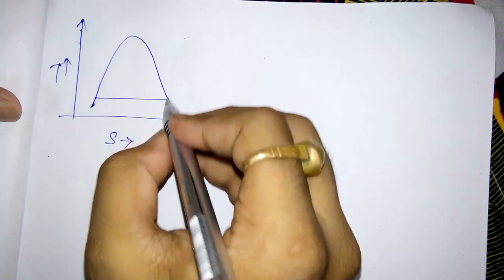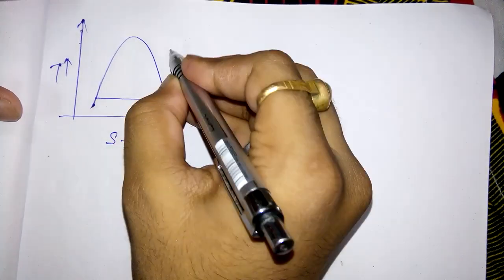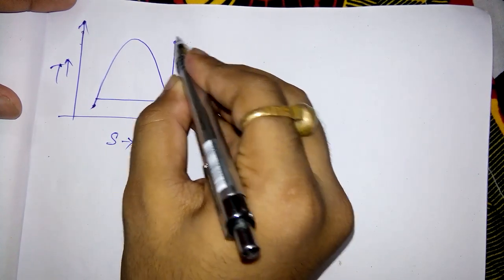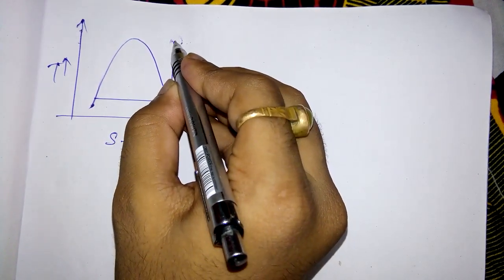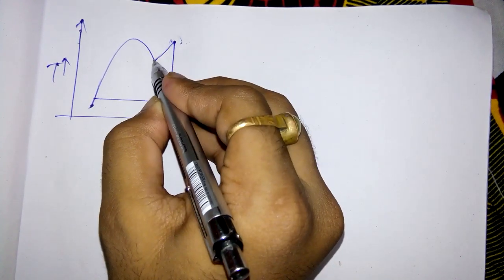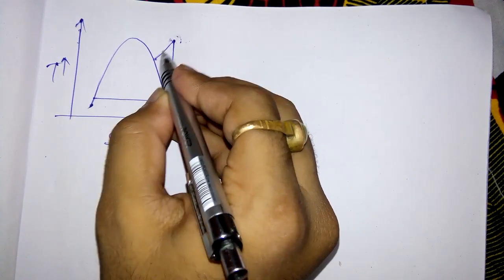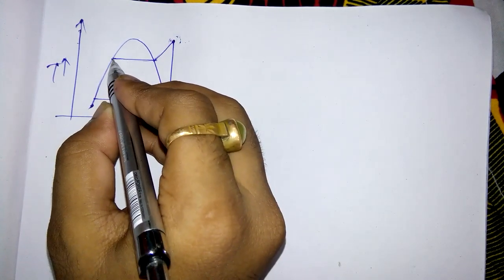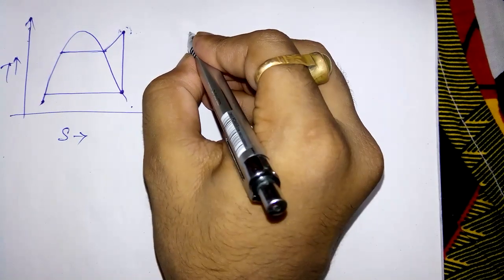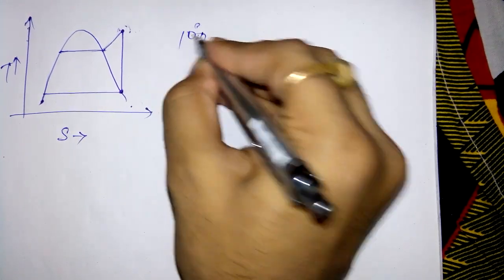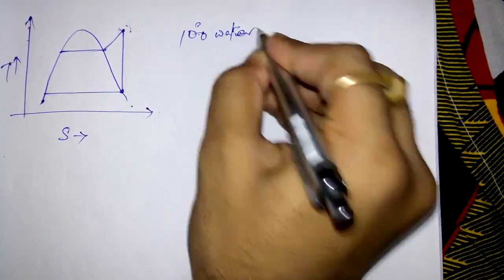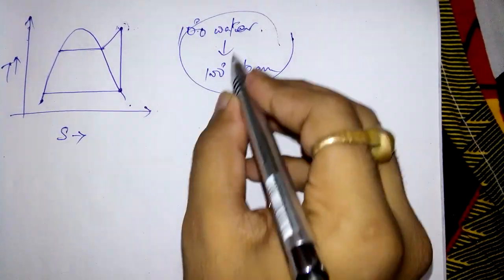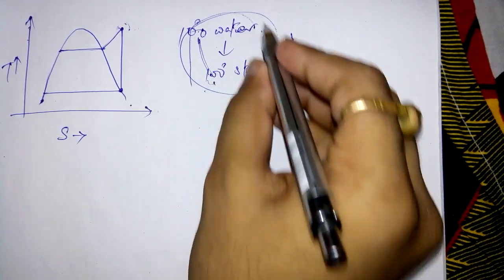In the TS diagram the graph is like this. This is evaporation, again dry compression, then compressing. Now I am at this position, that means this is a superheated state. If you start cooling it, the temperature first goes on reducing, then the phase change will occur. When phase change occurs, there is no change in temperature, because we know that 100 degree water converting into 100 degree steam is an example: temperature has not changed, phase has changed.